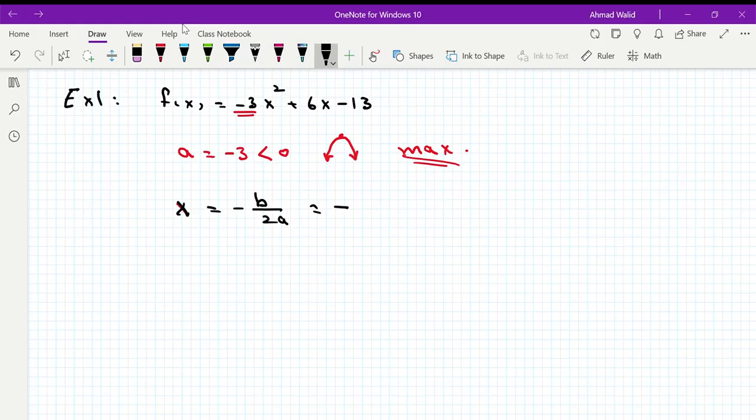Negative b is 6 over 2a, it means 2 times negative 3, which gives you negative 6 over negative 6. It means what? Positive 1. It means your vertex or your maximum point occurs at x equal 1. Correct? This is how you use the maximum and minimum value, or how you identify. Correct?